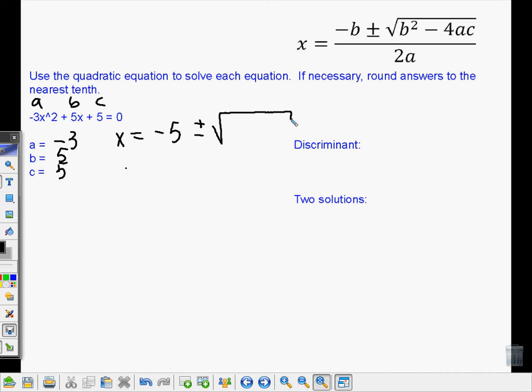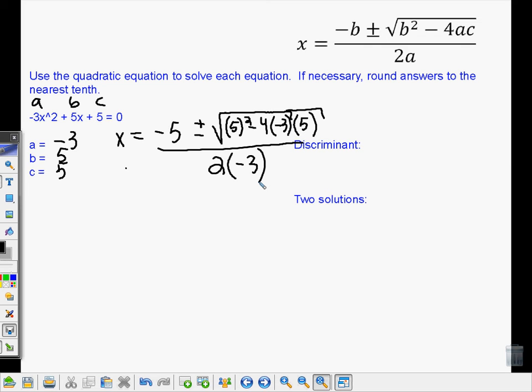So I need to take b squared, which is 5, minus 4 times A, which is negative 3, times C, which is 5. All right? And I have to divide that whole thing by 2A. All right? I know that's a lot. Now let's just go through and simplify that.